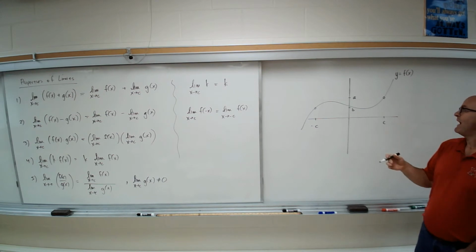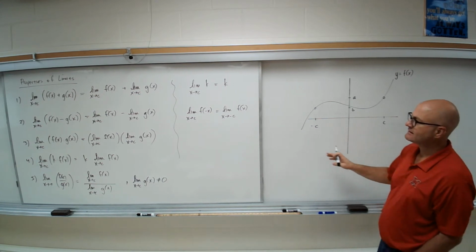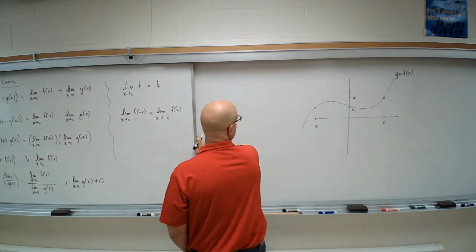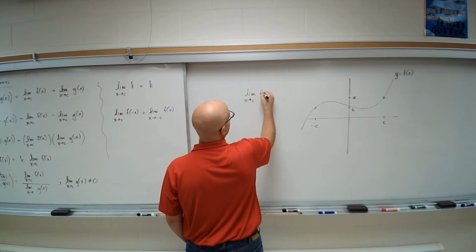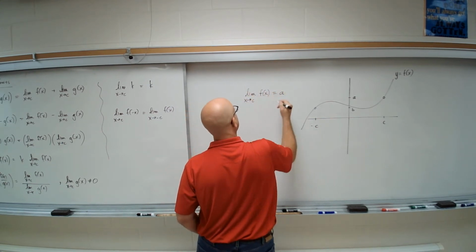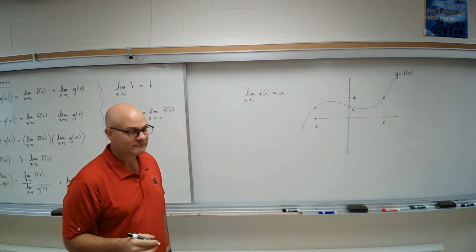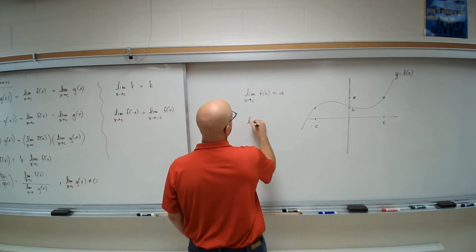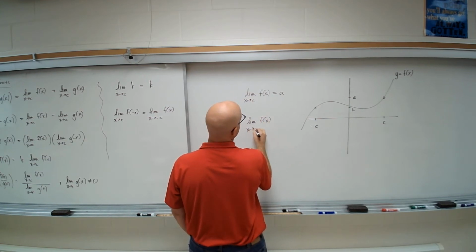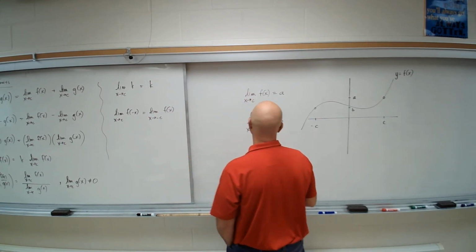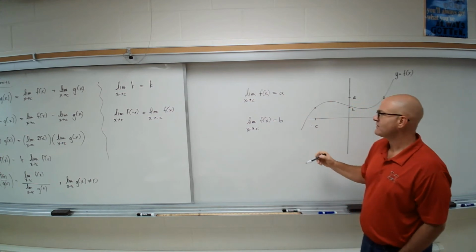So what we have here is, pull this up a little bit, the limit as x approaches c of f of x equals a, right? And then we have that the limit of f of x as x approaches negative c is b. But we really want, well, these aren't the same actually.